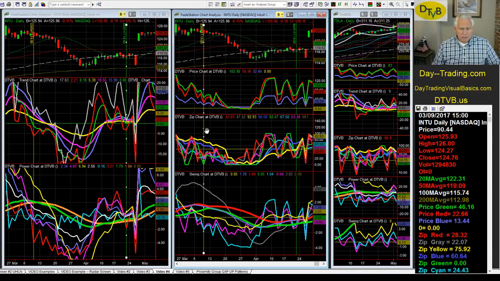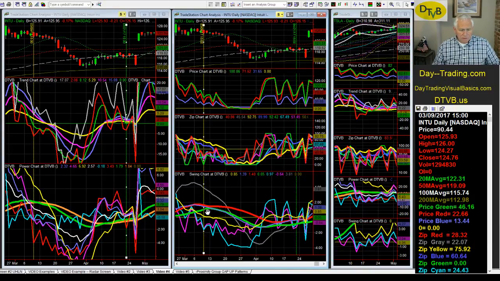But the contributing factors are that we have the zip yellow and the power yellow both highest and both going down, which you hopefully know is a downtrend. And so to buy a red-green spike in a downtrend, based on the 2 yellow lines, is not something that we would do.